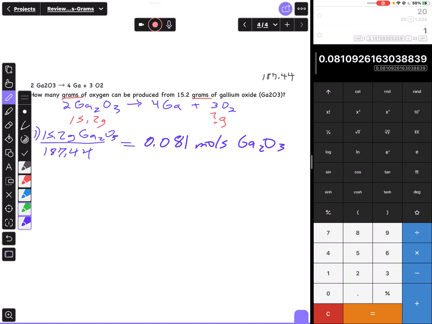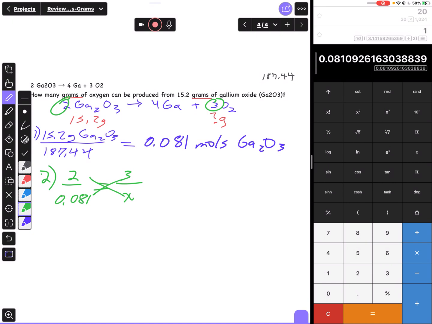My second step, I need to go from moles of Ga2O3 to moles of what I want. I'm wanting grams of oxygen, so I need to first go to moles of oxygen. The balanced equation tells me that when 2 moles react, except I don't have 2 moles, I have 0.081, equals 3 moles, so 3 goes on top, X, what I'm actually going to get, since I only have 0.081 moles instead of 2.